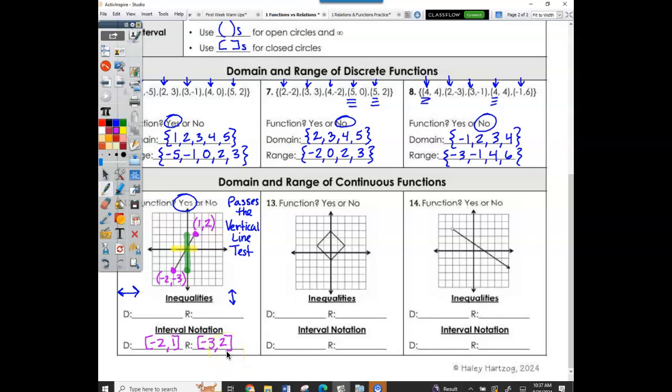What you're doing is you're saying, I don't have time to list all the x's and the y's because this was a continuous function. There's infinite points here. But by golly, I can tell you that the smallest x is -2, the highest x is 1, and it includes everything in between. The smallest y is -3, the highest y is 2, and it includes everything in between.